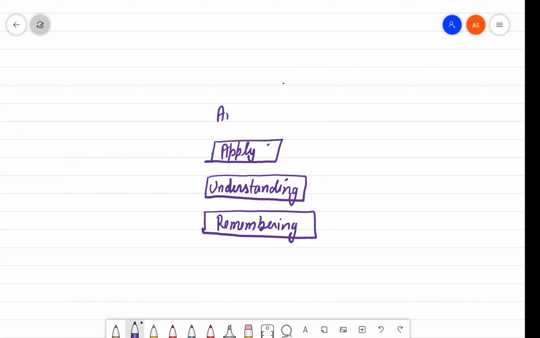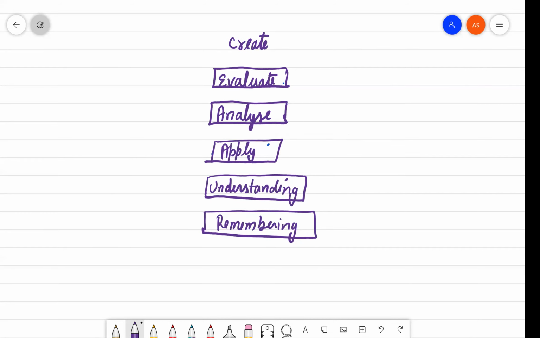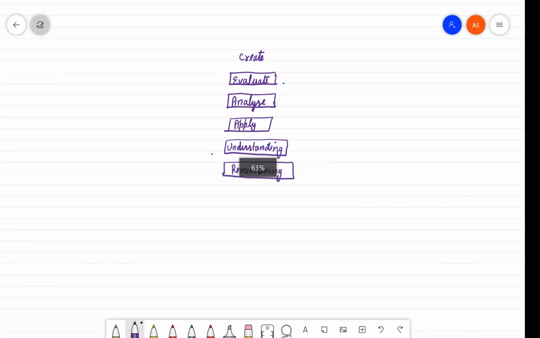Then analyze. Evaluate. Then create. So these are the 6 levels of learning. Bloom's taxonomy is a hierarchy of these levels.